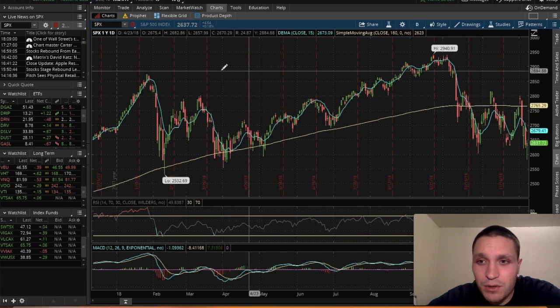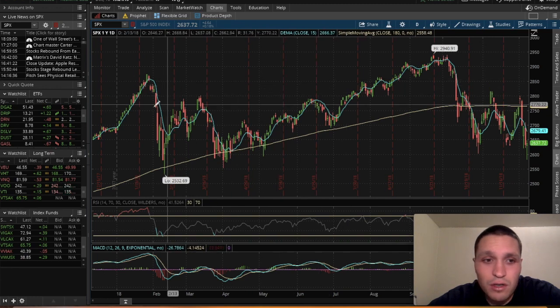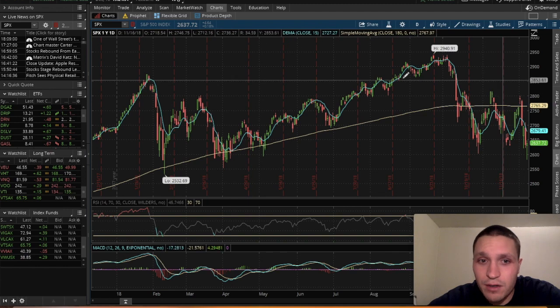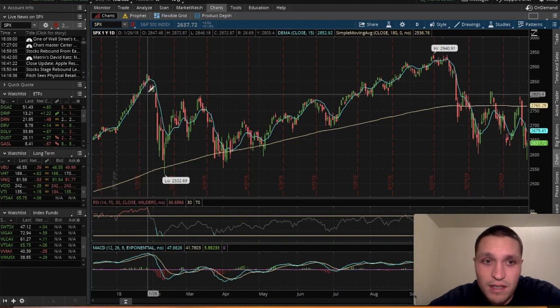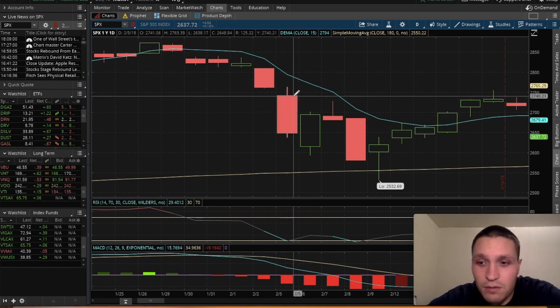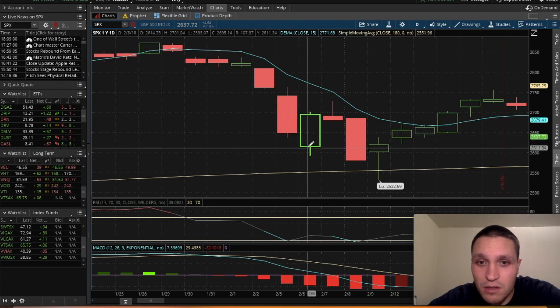And to break down this video a little bit, since I'm on a 1-year day chart, we are seeing the S&P 500 over the last year, and each candle represents a day. So very quick, a red candle means the stock market opened here and closed here. A green candle means the stock market opened here and closed here for the day.